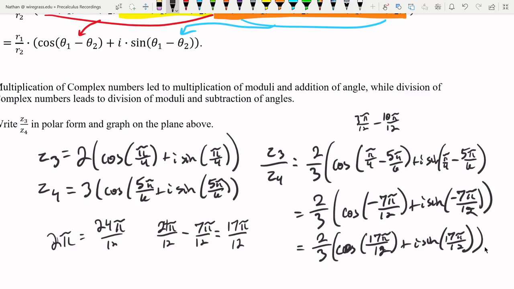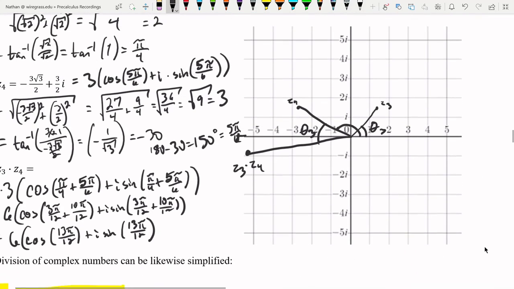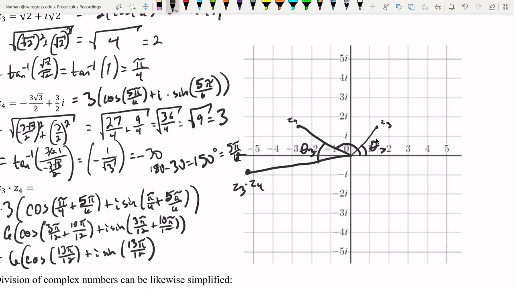So let's graph this and see what we get. So back at our graph, we have Z3 and Z4. Now we're dividing it. So what we're going to do is shorten the length. It's actually going to end up being in the fourth quadrant, because we're subtracting this Z4 angle off of Z3.